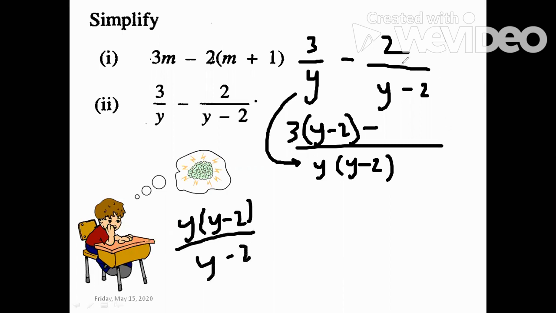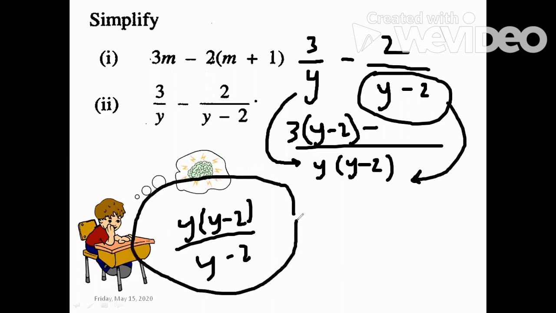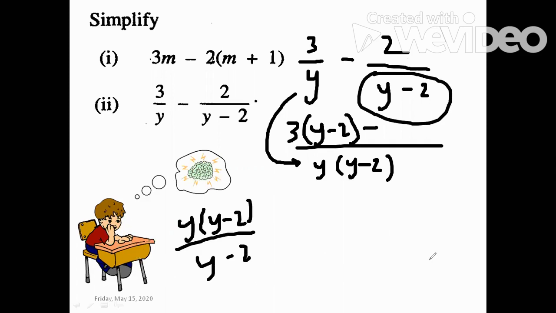This is what's really happening mathematically. So as you can see, y minus 2 cancels y minus 2, leaving back y. Alright, and then we're going to say 2 times y.